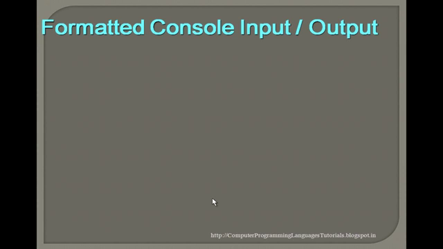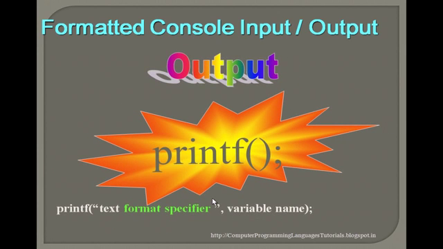Then what are the functions used for input and output? Let us see. The first function is printf. As we know, it is a library function or predefined function. Therefore, you have to follow the syntax of this function for programming. Here is the syntax: printf, open round bracket, double quote sign, your text, then format specifier.